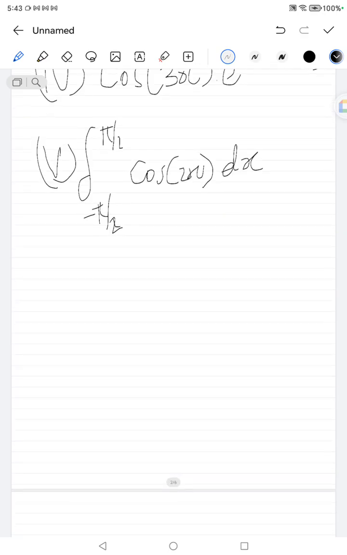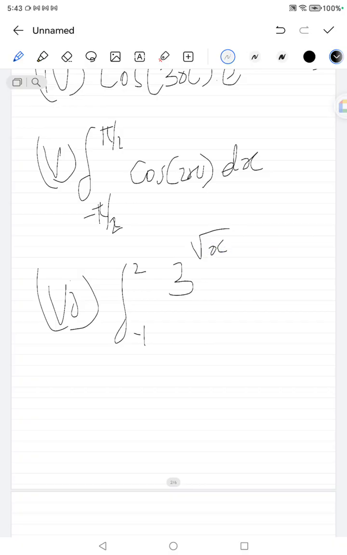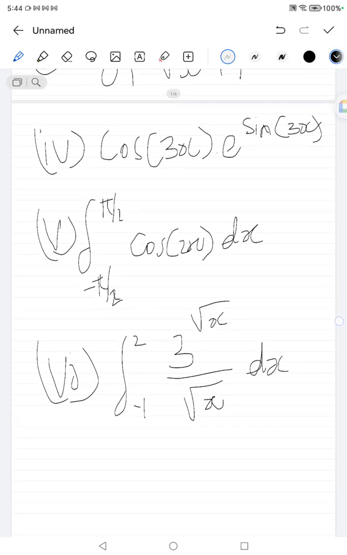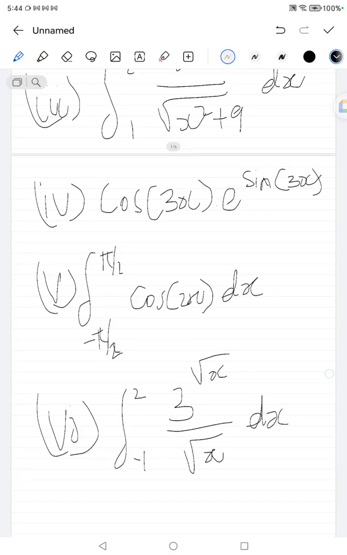Then the last one, which is your sixth one, is when they had between -1 and 2 of 3 to the square root of x over square root of x dx. So these are the examples that they've given you.